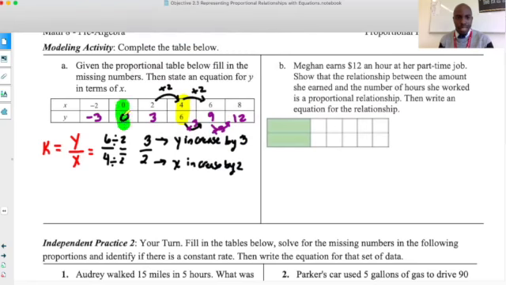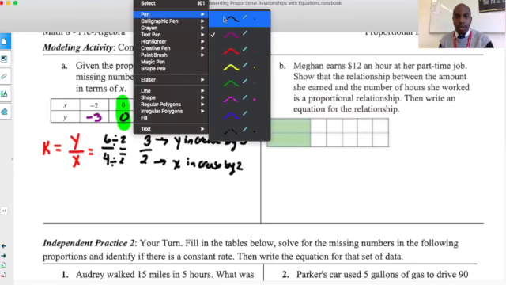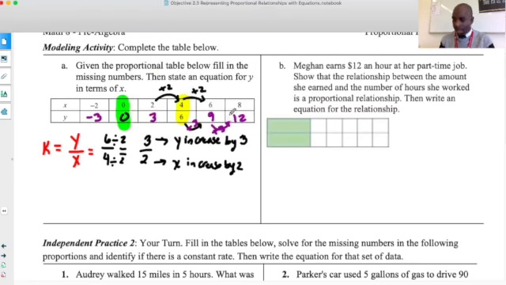Did you notice that this is 0, 0? This is a good indication that this particular table is proportional. So I'm just going to make a side note here, right? Whenever we see 0, 0, and we can identify that there is a constant, this is a good hint that this table might be proportional.